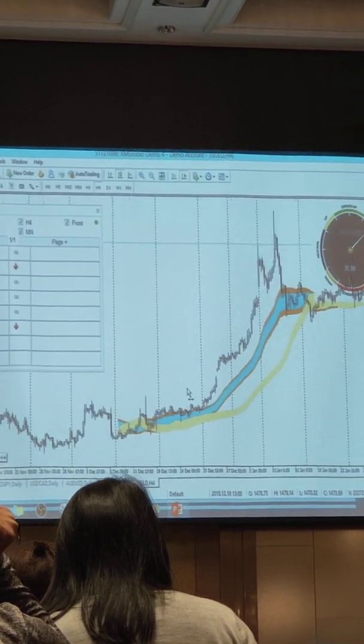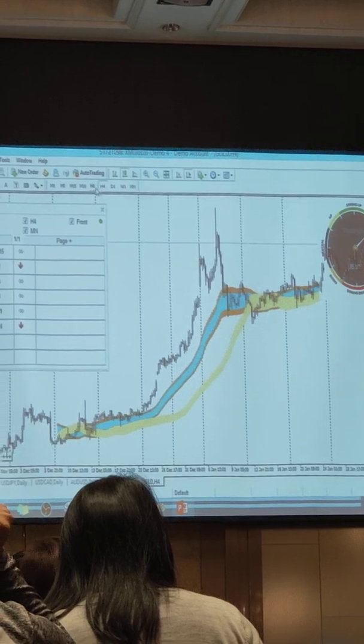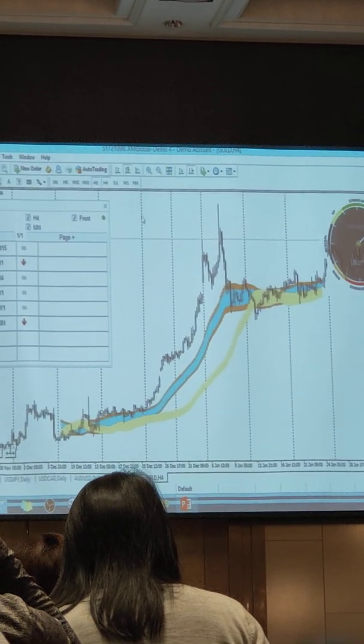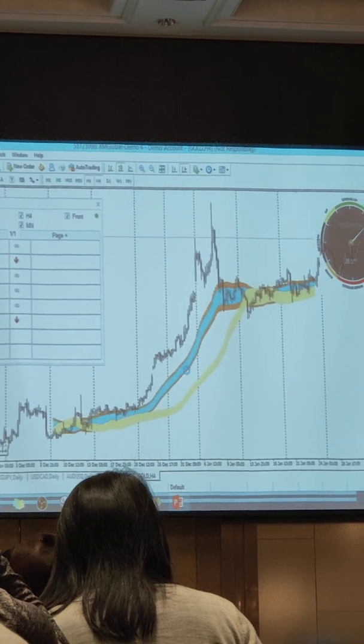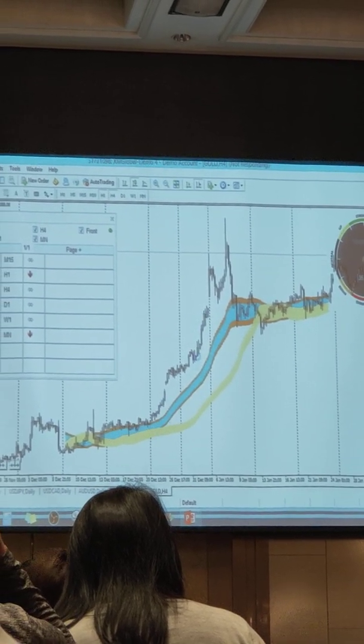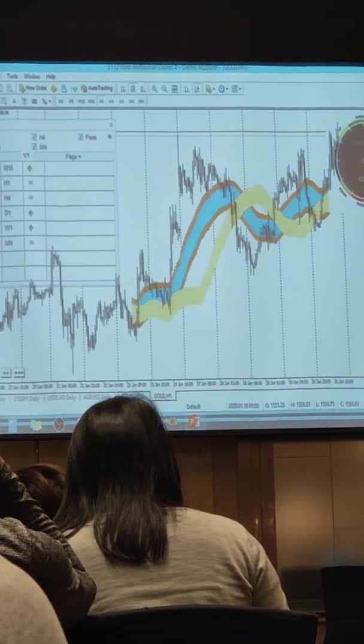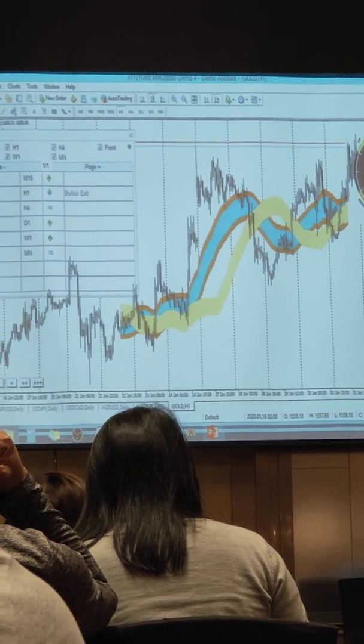Yan, okay. So, baba tayo sa H1 para mas makita natin. So kung makita yung ano eh, yung pag-akyat niya noong December. Tingnan natin kung maabutan natin yan.